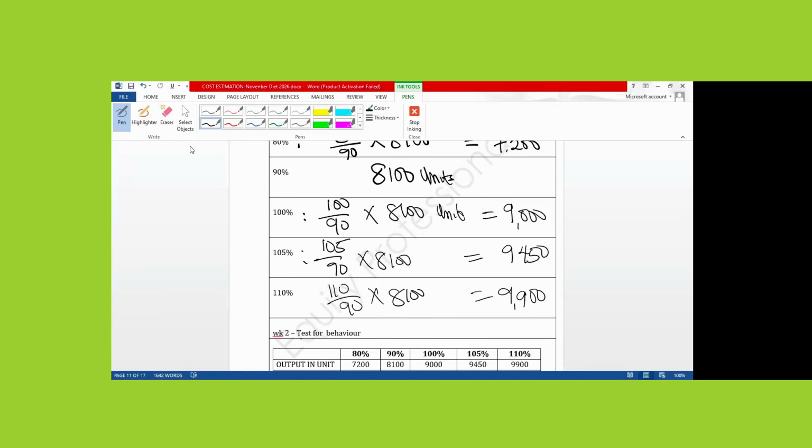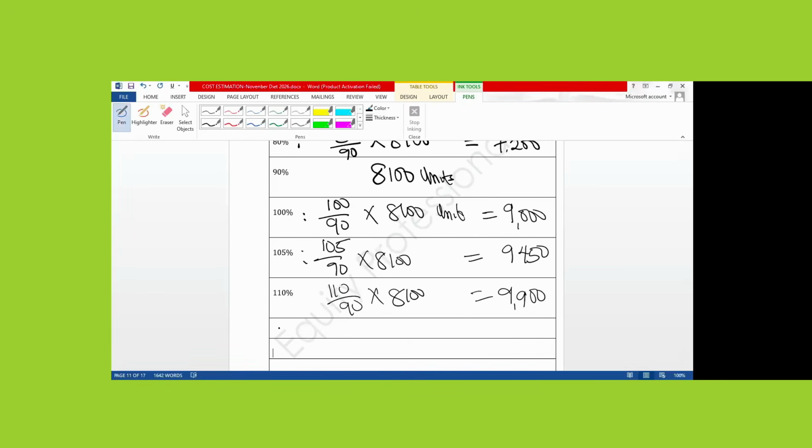You can now get for the next level. 10,350.